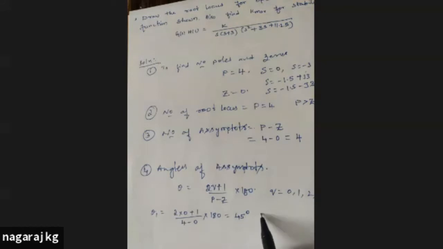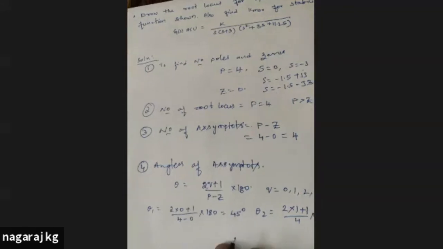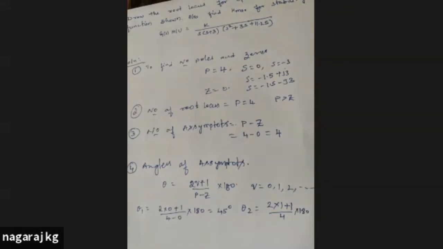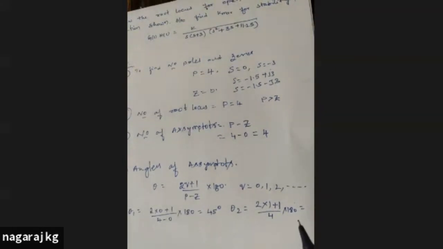Same way, when you find theta 2, it is equal to 2 into 1 plus 1 divided by 4 into 180. When you calculate this, you get theta 2 as 135 degrees.